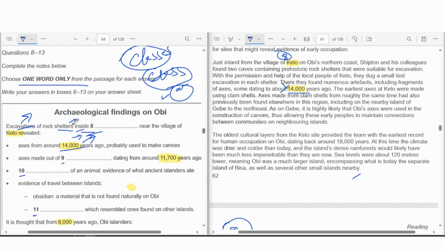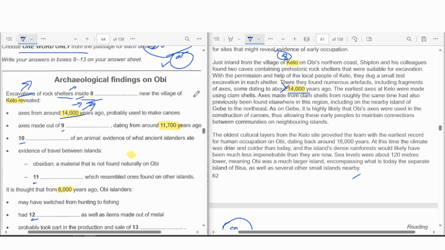So that is shelter. Of rock shelters inside dash near the village of... So they're asking you, near the village there are shelters. So you are looking for something that means shelter, which is near to the village. Okay, so you know where to read.